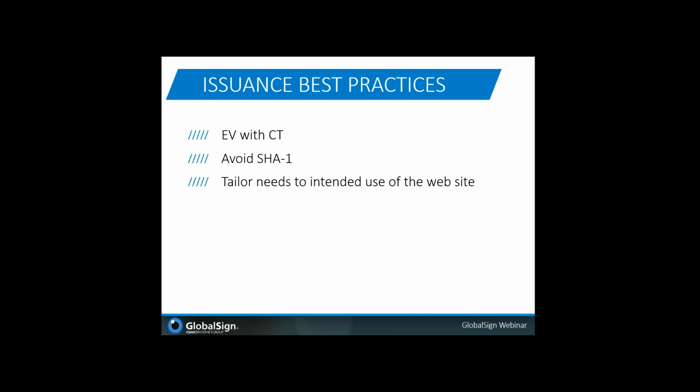Internal server certificates can't be issued past November of this year, and the SHA-1 issuance will stop on December 31st of this year. So no more SHA-1 certificates can be issued starting January 1st, 2016. That's really just right around the corner. So we're glad to see our customers all moving quickly and efficiently over to the SHA-256 algorithm.